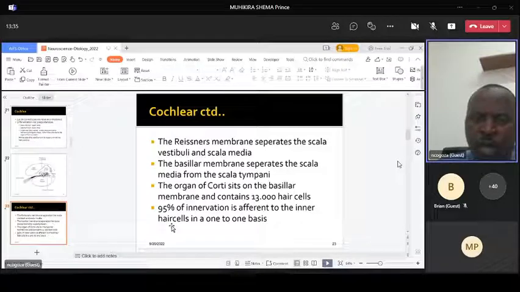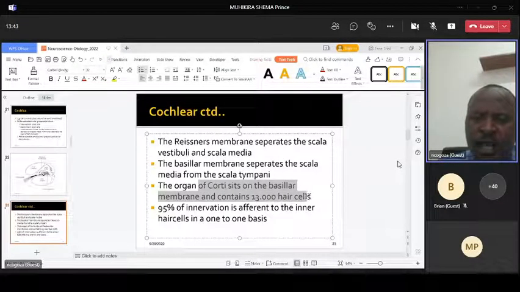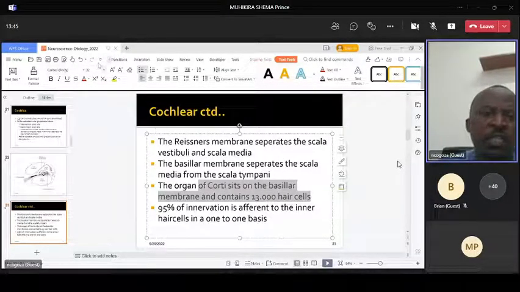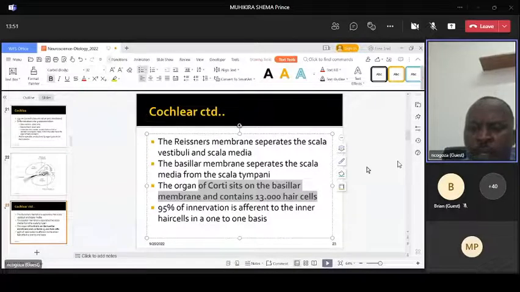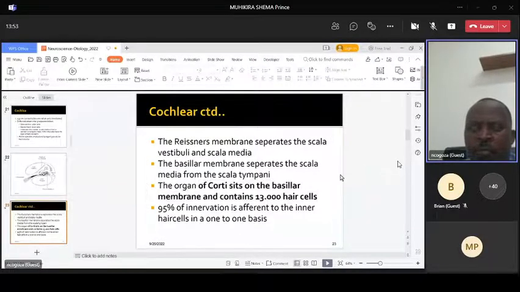So this is what we wanted to translate. Just to note that the organ of Corti has around 13,000 cells, and those cells will be the ones translating the mechanical energy into the electrical impulses.